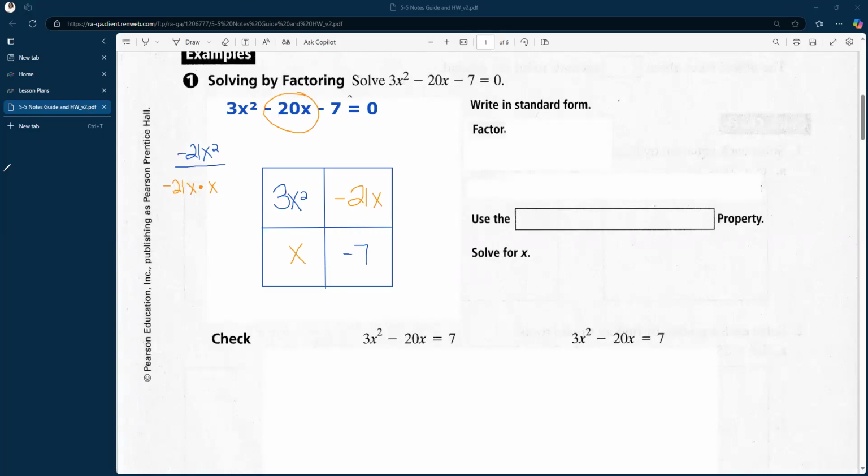Now I am going to factor across. The greatest common factor between 3x squared and negative 21x is going to be 3x. On the bottom, I am going to do the same thing, but factor across. And the greatest common factor between those two is just 1.